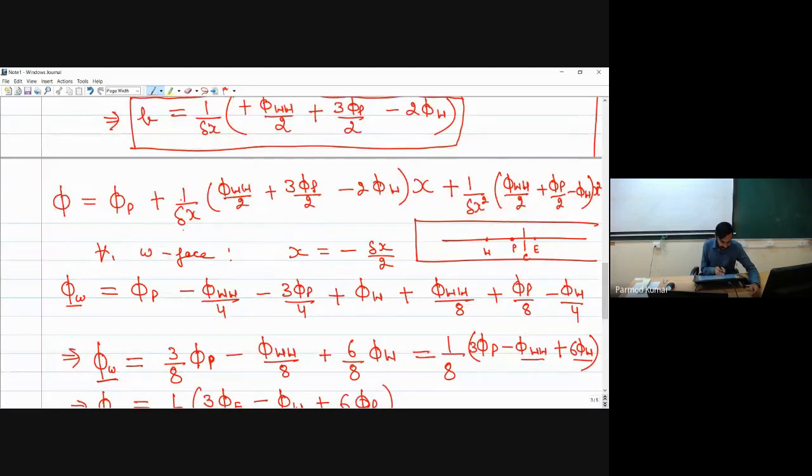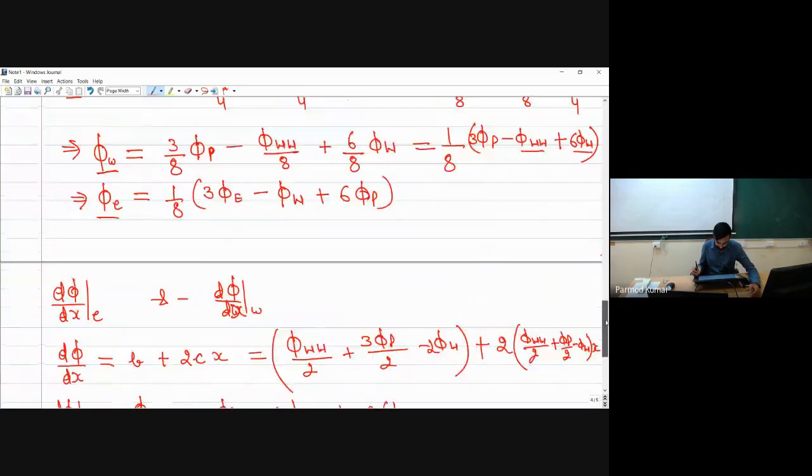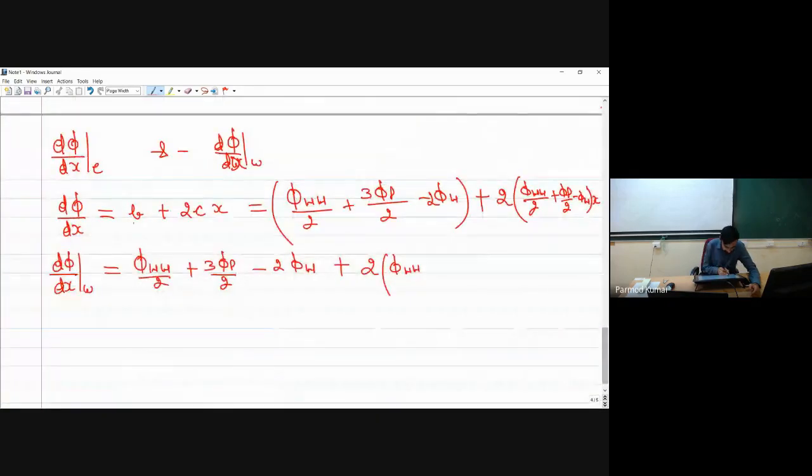These two quantities I forgot to write: delta x and delta x squared. Because the expression of b also involves delta x, I will have 1 by delta x over here, and here 1 by delta x squared, multiplied by this entire expression. Is this point clear?